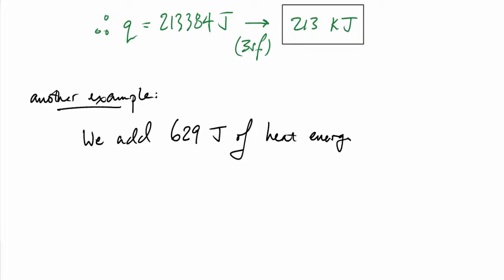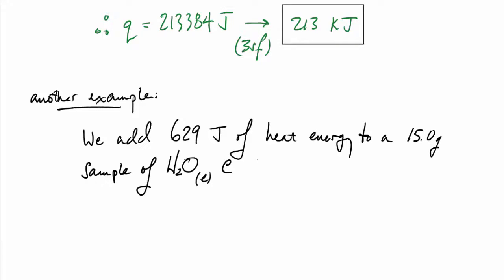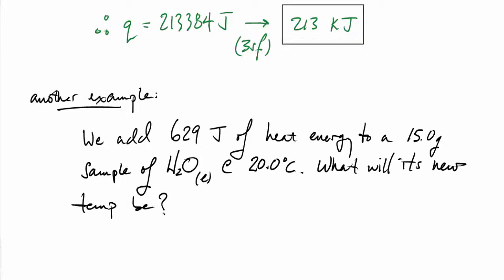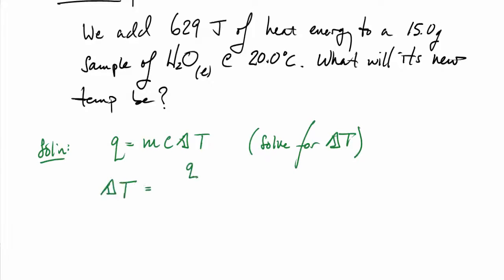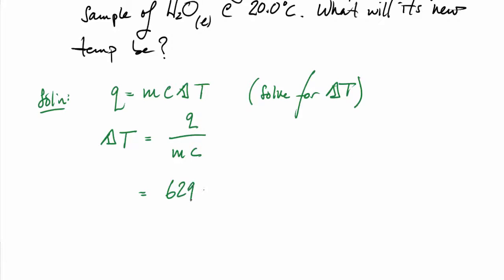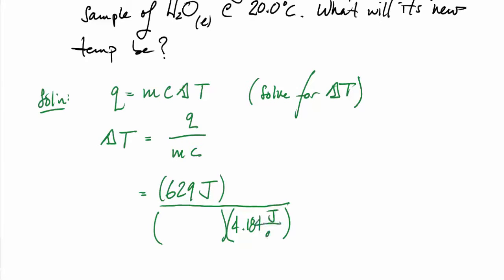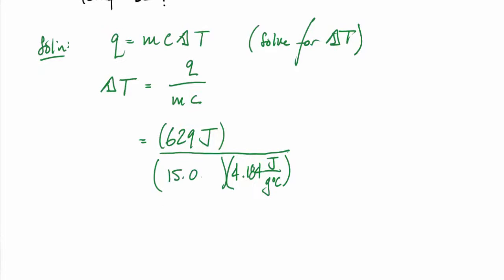In another example, we'll add 629 joules of heat energy to a 15 gram sample of liquid water that's currently at 20 degrees Celsius. What will the new temperature be? So the solution looks like Q equals m Cp delta T again, and we'll solve that one for delta T. A bit of algebra gets it to you, and just get the values in here. There's the heat flow, the heat capacity, and the mass of our sample. Check the units, always check.